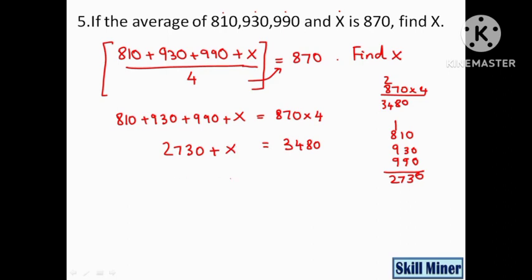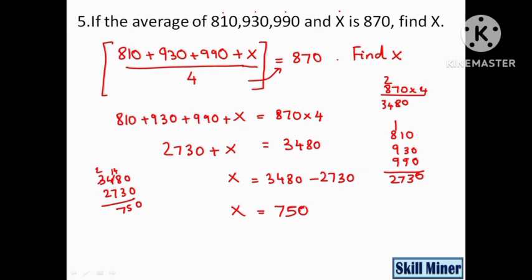Okay, so X will be 3480 minus 2730, which will give me the value 750. Okay, so our X value is 750.